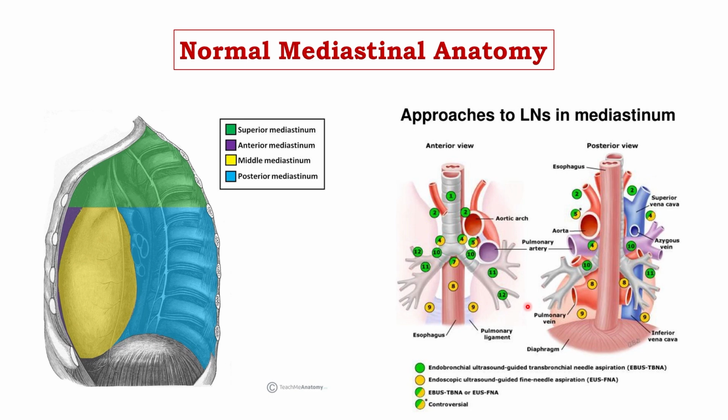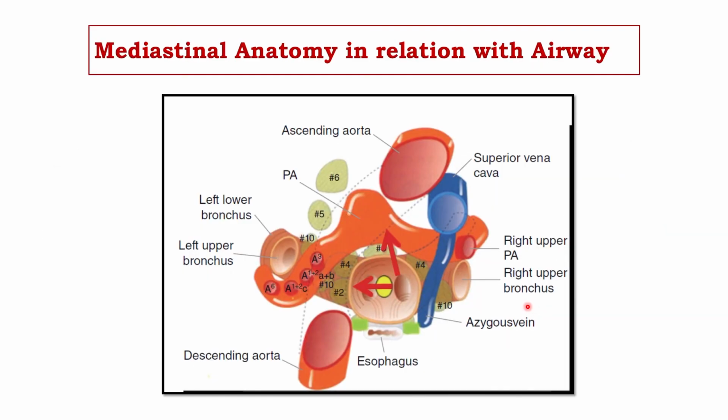So the normal mediastinal anatomy: this is how the mediastinum is divided into the superior mediastinum, and the anterior, middle and posterior mediastinum. When you approach your patient with your EBUS scope or a normal bronchoscope, this is how your bronchoscopic vision would appear to you. You are right now at the level of carina, and the carina is dividing into the right main bronchus and the left main bronchus, subsequently the right upper bronchus and the left upper bronchus, and these are how the vessels are placed around you.